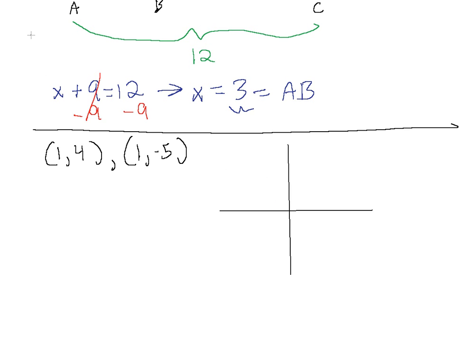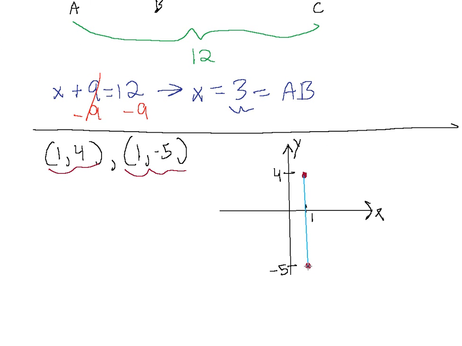We should be very familiar with drawing axes by now if we went over our algebra course already. So this is 4, here's minus 5. So we have 2 points. We have point 1, 4, which is right here, and we have point 1, minus 5, which is right here. And we want to know the distance between these 2 points. So what are we really trying to find here? Well, there is a line segment.